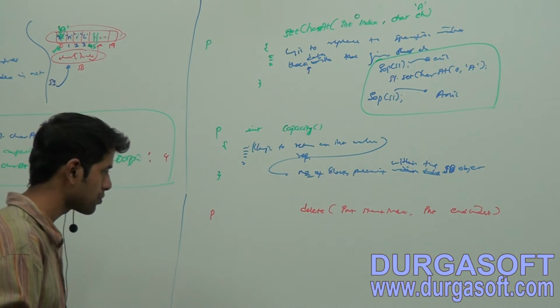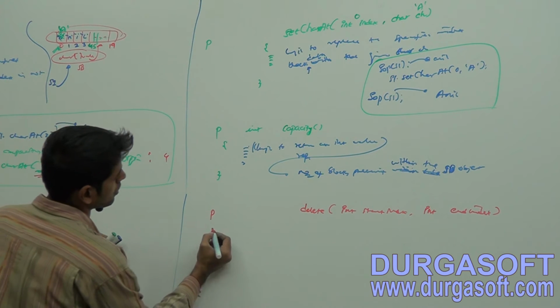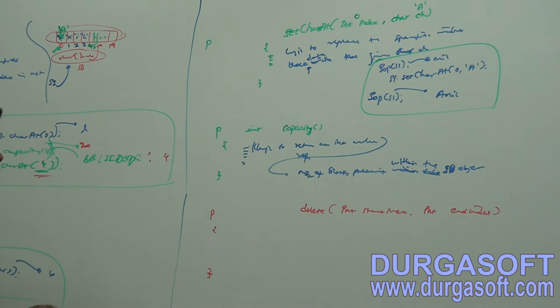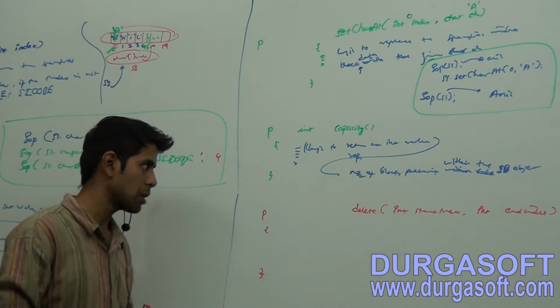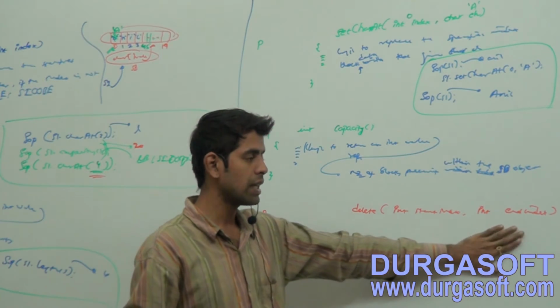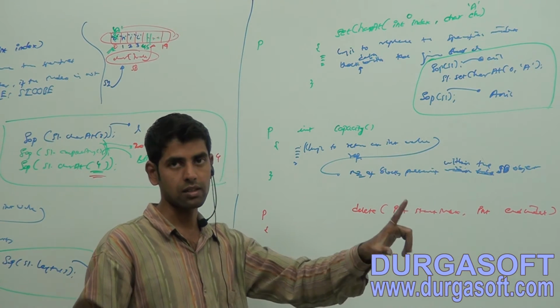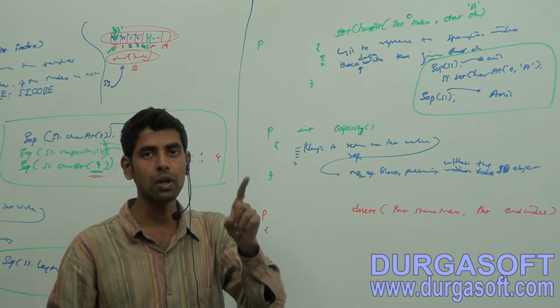Now observe here, the implementation is slightly different. From start index to end index, it will delete a set of characters available within the StringBuffer object.